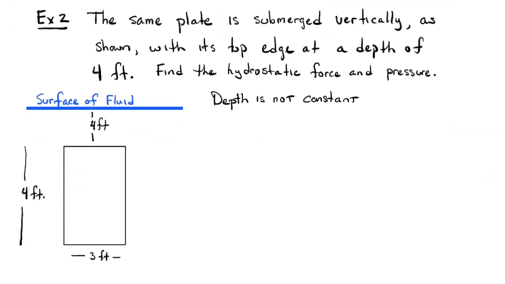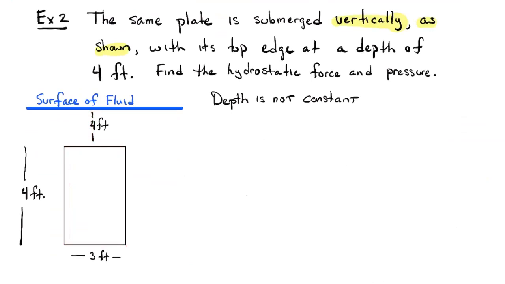Let's take that same plate, but this time I'm going to submerge it vertically. So I'm going to just use pictures to say what I mean by that, but I'm taking my 4 foot by 3 foot rectangular plate, and I'm orienting it straight up and down in the water so that its top edge is 4 feet below the surface of the water.